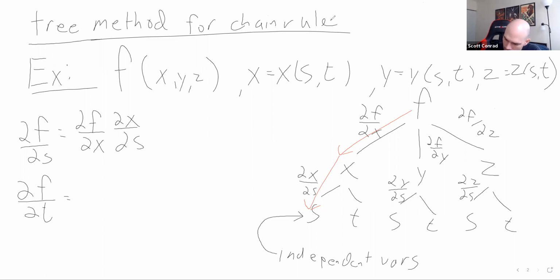So f down to y, down to s. So we have df dy, dy ds. So df dy times dy ds. And then do the same for the other path. F down to z, and then z down to s.